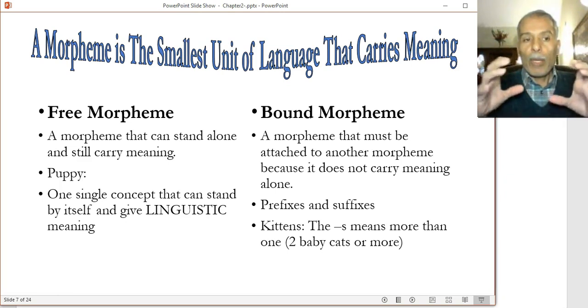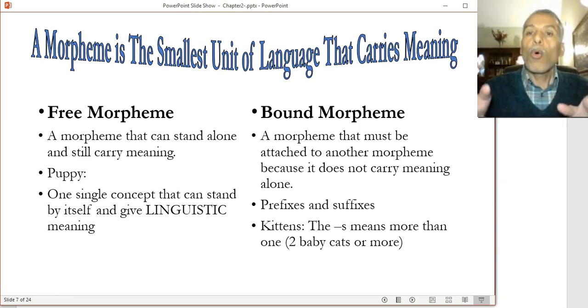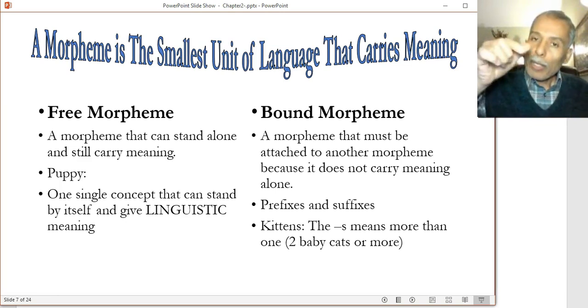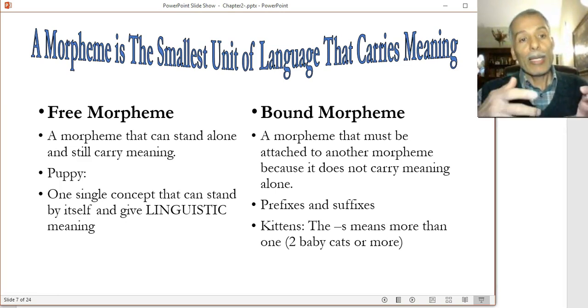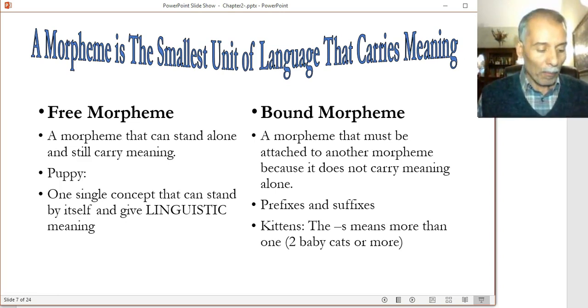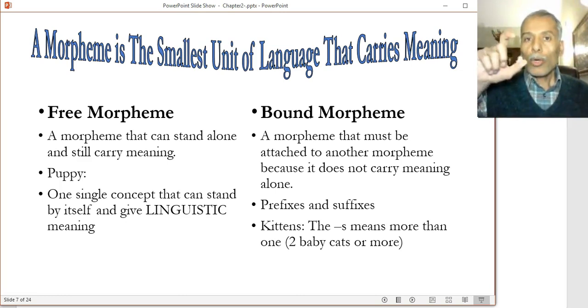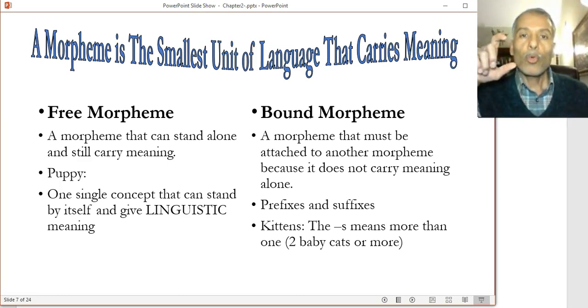So a morpheme is a whole word or some part that you attach to a word to give you more meaning. Basically, every individual concept of the language, when you open a dictionary, all these words that are listed as individual words are morphemes, regardless of how long or short they are.